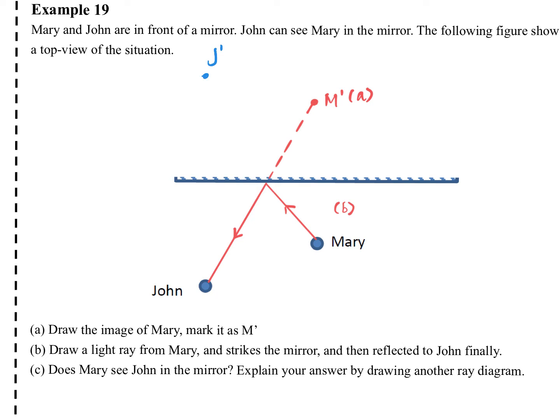And second step, light ray entering Mary's eyes, because Mary sees John's image. And finally, the incident ray. Light ray actually comes from the object, that is John. And this is the answer of part C.